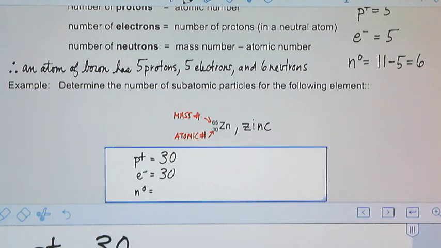So giving me the mathematical expression and the answer? Perfect. 65 minus 30 equals 35. So in one atom of zinc, there are 30 protons, 30 electrons, and 35 neutrons.